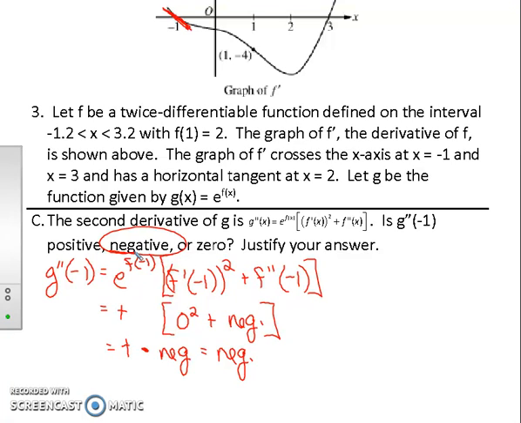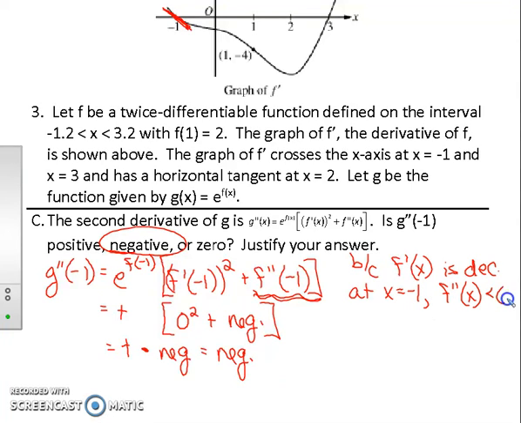So your g double prime of negative 1 would be negative. Now, for your justification, you can't really just have the work that I've done there. You would basically boil it down to this right here. Because f prime of x is decreasing at x equals negative 1, f double prime of x would be less than 0, causing g double prime of negative 1 to be less than 0 also.